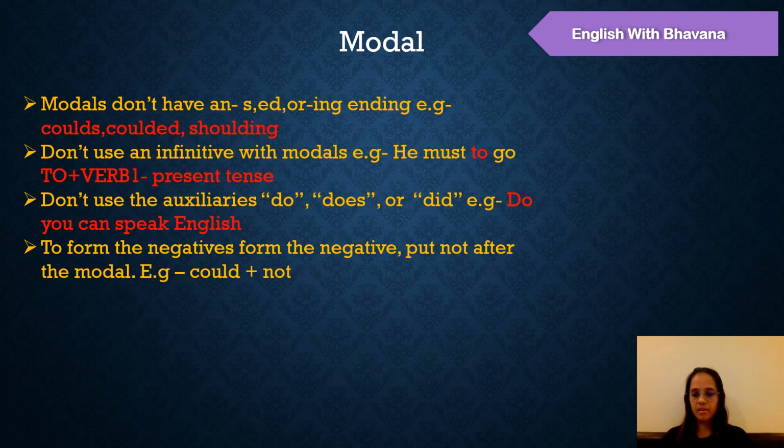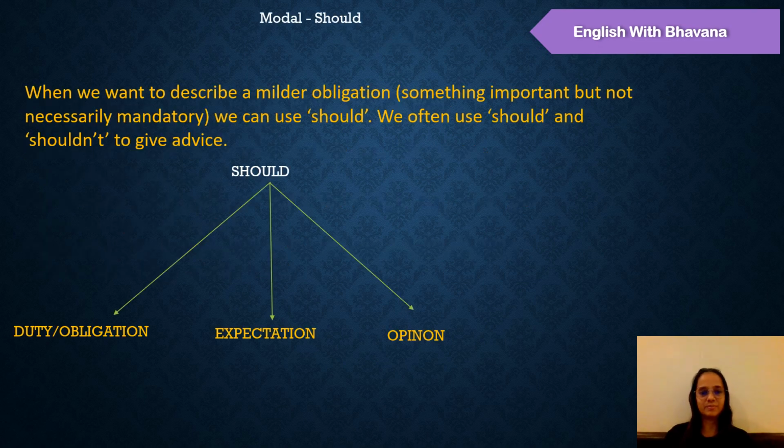It's completely wrong. We never use auxiliaries to form negatives. Then what you have to do? Put not after the modal verb. For example, could plus not, could not, should plus not, should not, this way. I hope you are clear with these rules, right? So let's get started further.